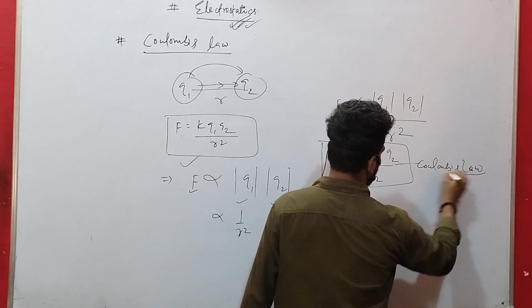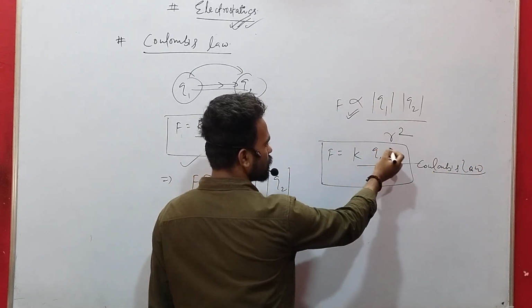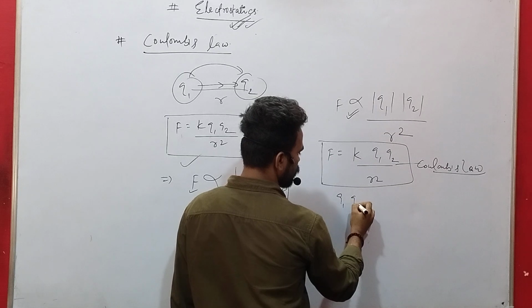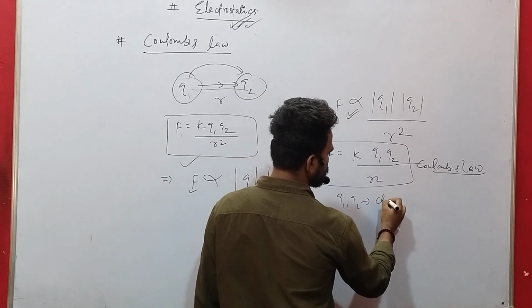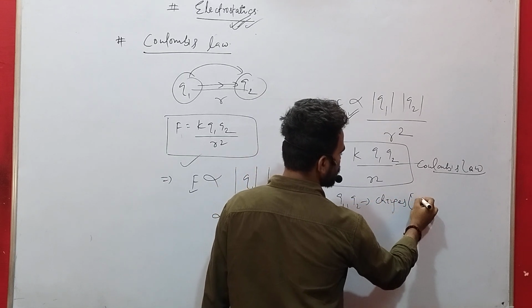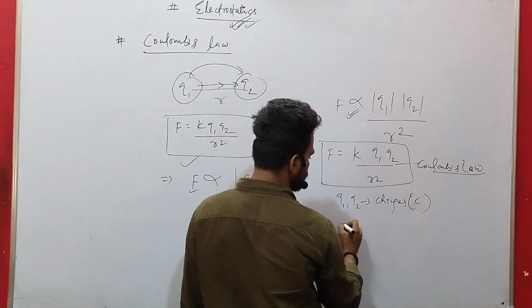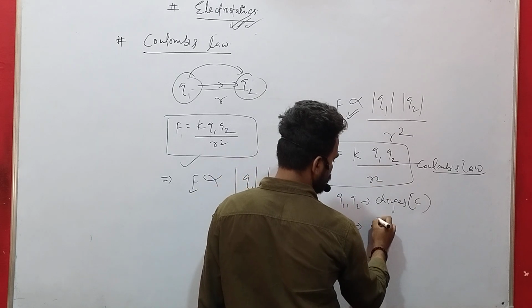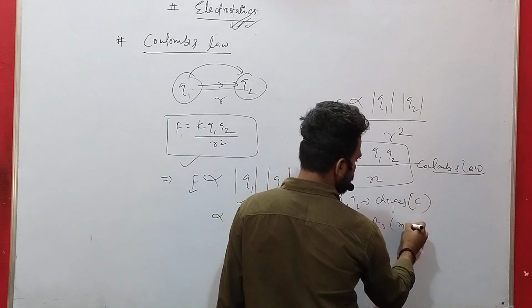Coulomb's law. Here Q1 and Q2 are both charges, measured in Coulomb. The distance R is measured in meter.